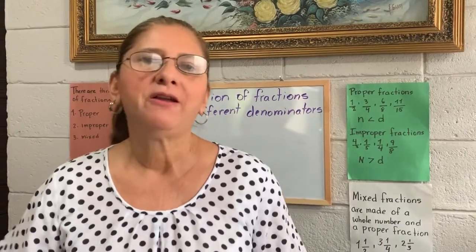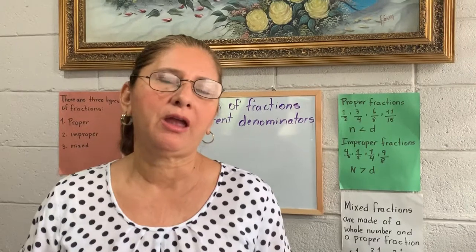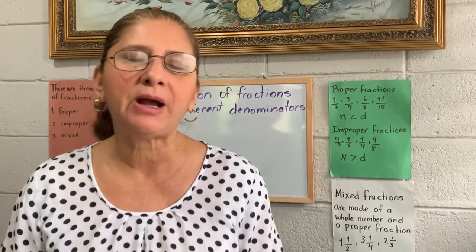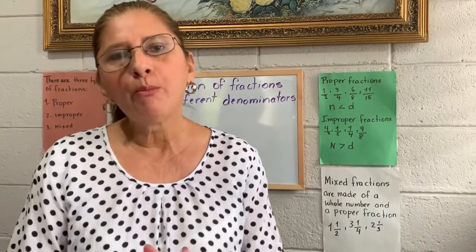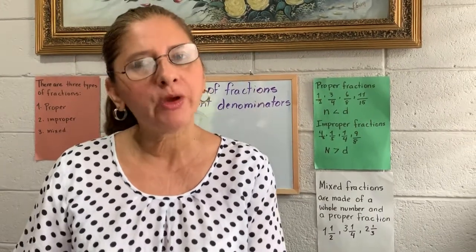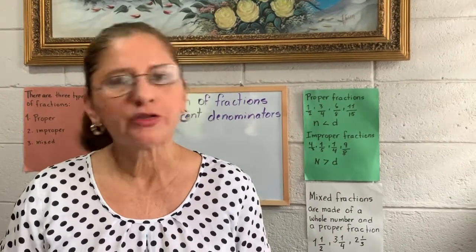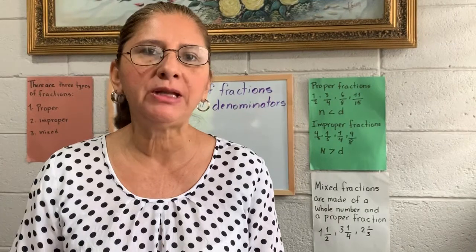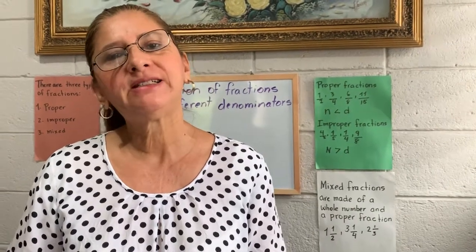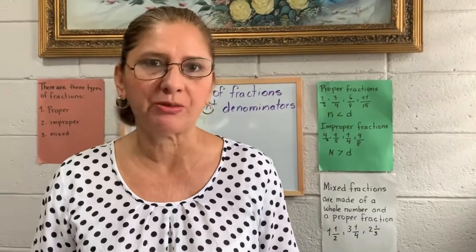First, find the LCD. You do this by prime factorization. Second, convert into equivalent fractions, and then add or subtract the numerators and write the same denominator. And the last step is to simplify the fraction if possible.